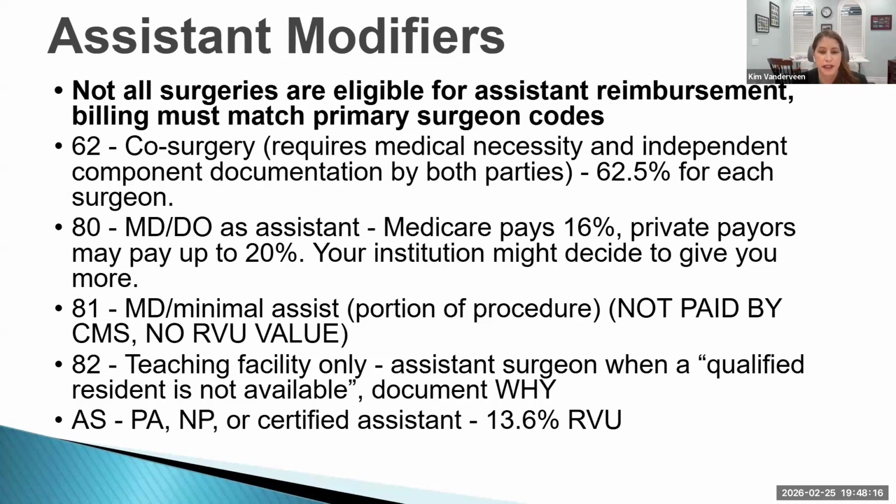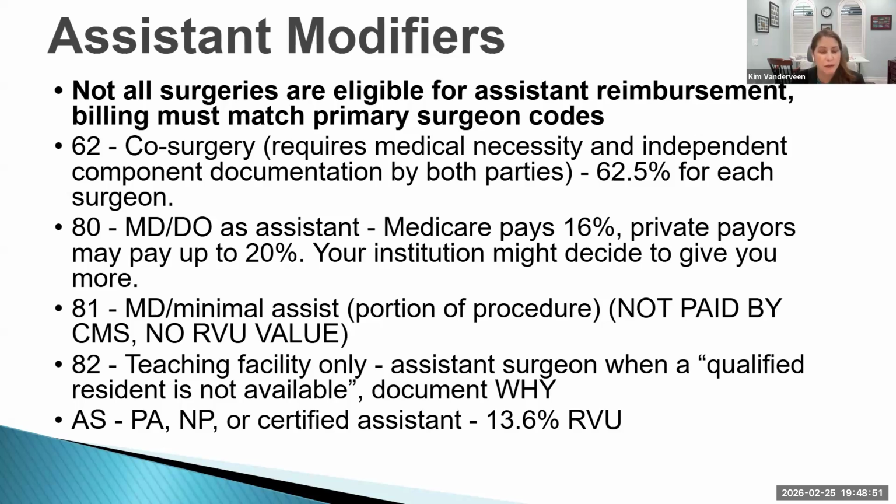If you're at a teaching facility, and I'm at a teaching facility, but I don't currently have residents assigned to me, so I have to always write the language, when I have an assistant that's not a resident, that a qualified resident is not available. The other thing that's kind of interesting about that: if you have a very difficult substernal goiter and you've got the brand new intern with you and they just don't know how to hold the retractors and can't be particularly helpful, and you call your partner in to help with that case, what constitutes a qualified resident is your decision.